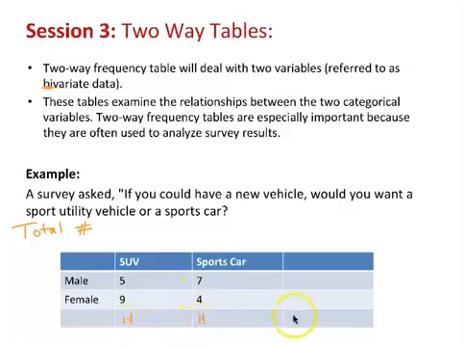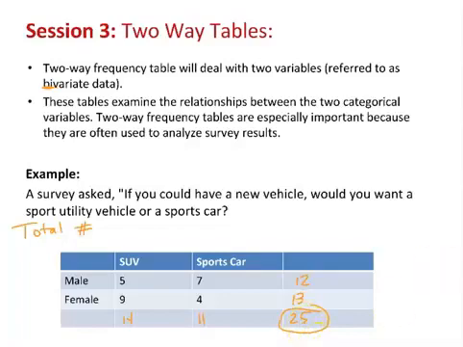Add those up and we get 25. So there's a total of 25 people. We could have added our rows up too and gotten 12 for males and 13 for females, which adds up to a total of 25. So either way we do it, whether we're adding the columns up and then that total, or the rows and that total, we come to the grand total of 25 people who were surveyed.